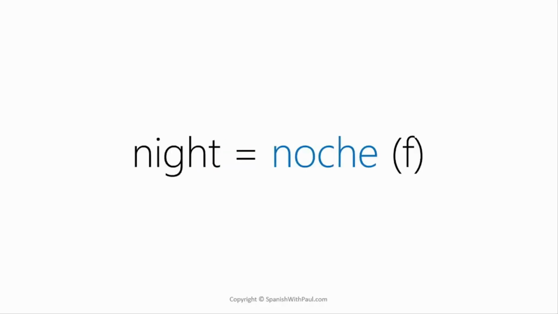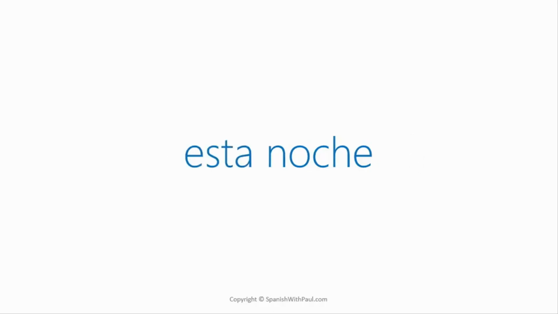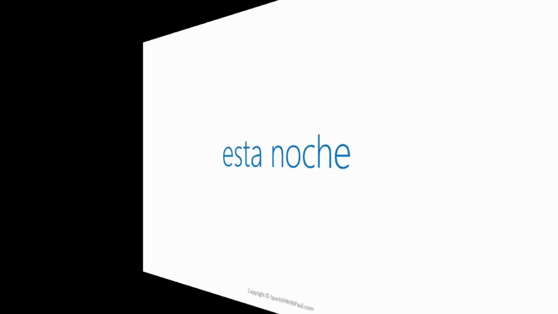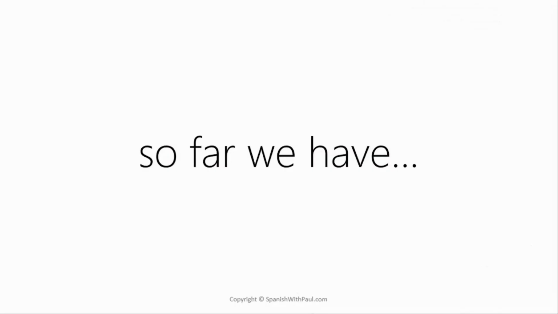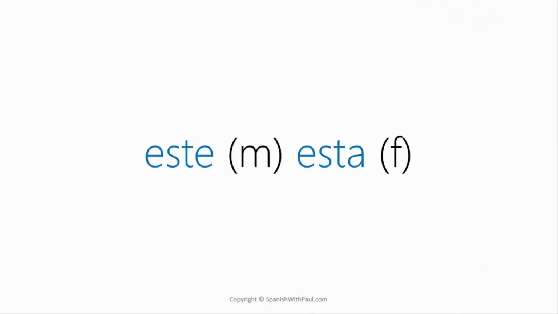Again, noche is a feminine word. So the night would be la noche, or a night, una noche. It's classified as a feminine word. So if we're saying this night, meaning tonight, then that's why we have esta noche, because noche is a feminine word. So just to recap, we have este for this with masculine words and esta for this with feminine words.